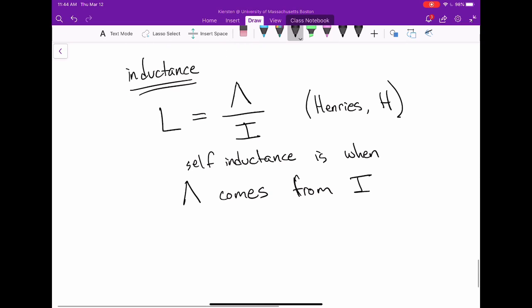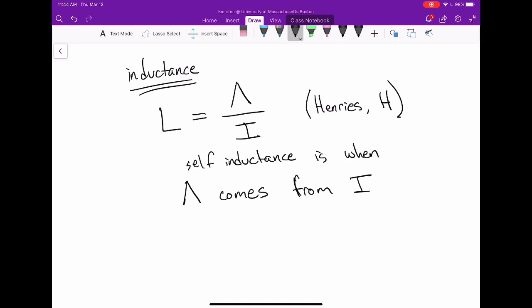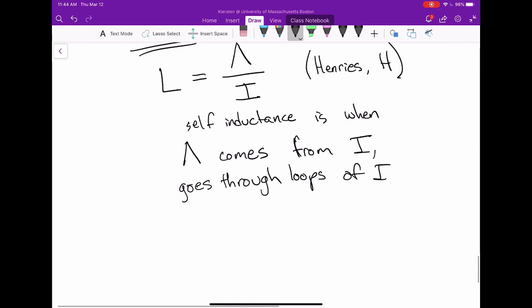You can also have a mutual inductance, and it also has to go through loops that I is making. You can also have a mutual inductance, though.